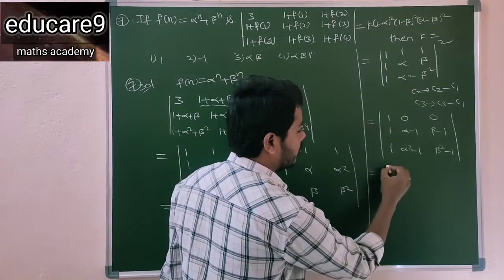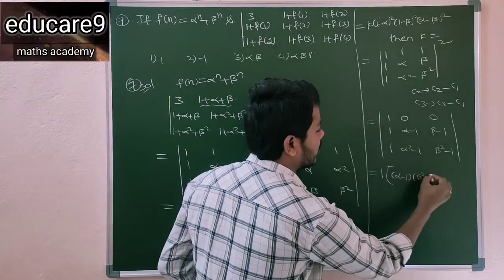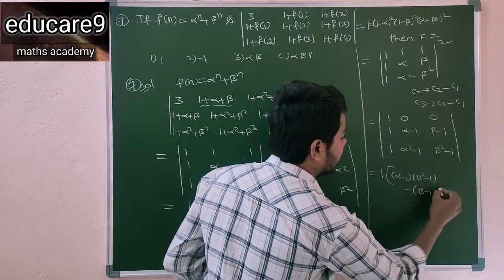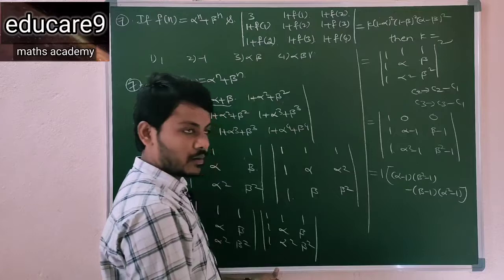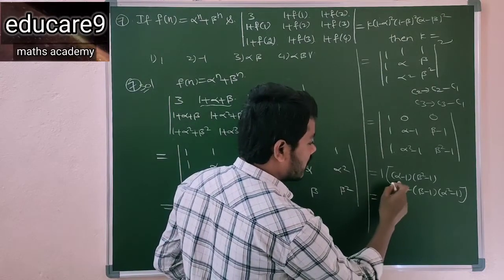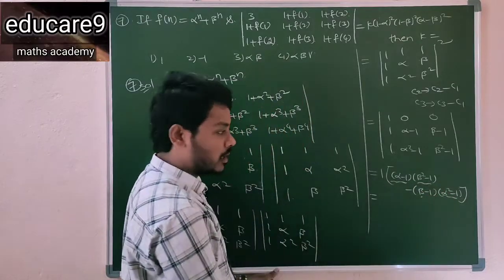Now find this determinant. So what you get: 1 into alpha minus 1 into beta square minus 1, minus beta minus 1 into alpha square minus 1. Okay. Now clearly here alpha minus 1, beta minus 1 common.